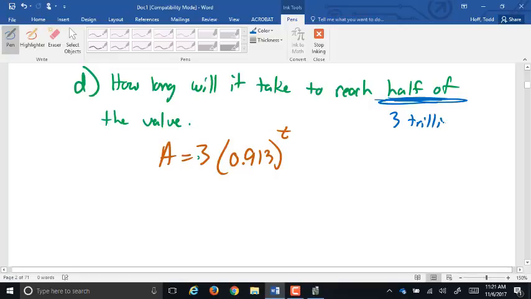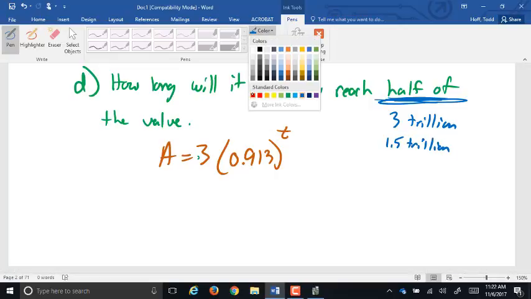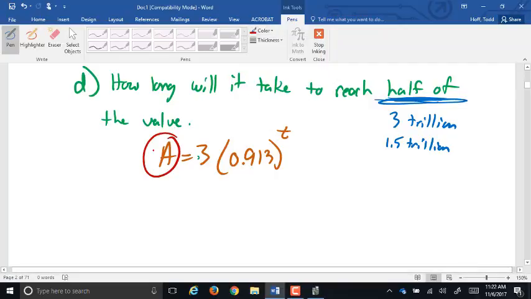Yes. So half of 3 trillion would be 1.5 trillion. And what's that going to go into the formula for? Well, your beginning value's got to stay 3. That's part of the model. We want the amount to get down to 1.5.